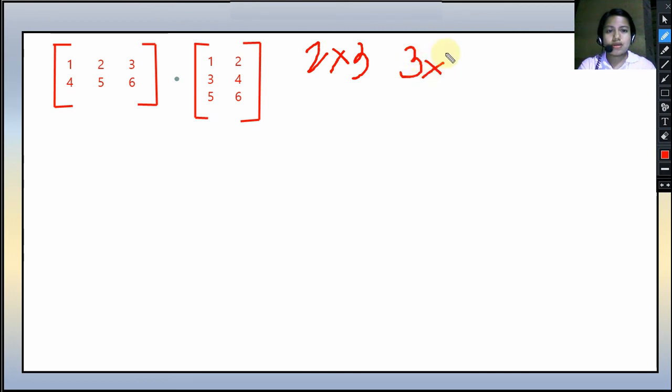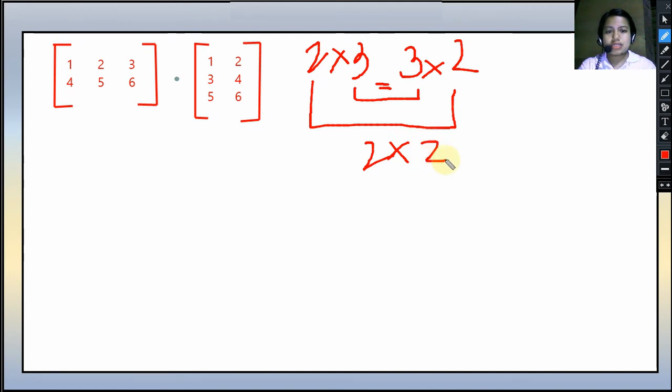From here, we can say that our product is defined since the inside numbers are equal, 3 is equal to 3. Then our resulting matrix is 2 by 2. So that is a 2 by 2 product matrix.